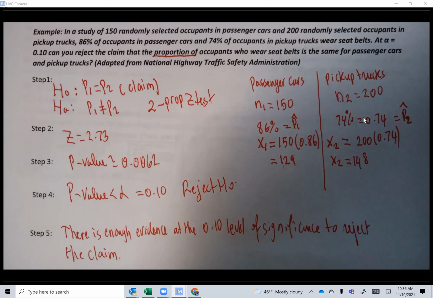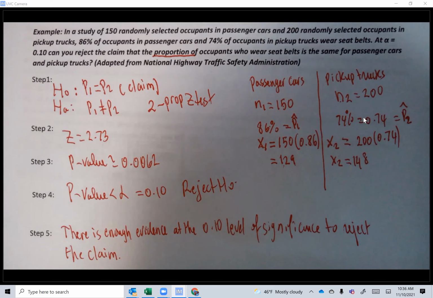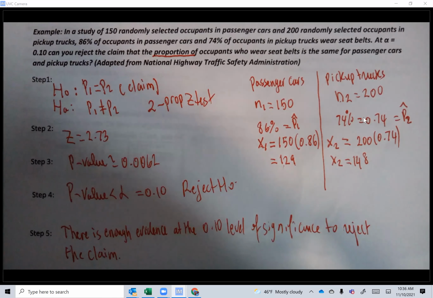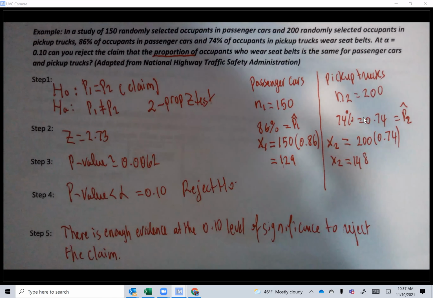They drive a big vehicle, so they feel a greater sense of safety than if someone was driving a small car. So I bet people who drive smaller cars are more inclined to keep the seatbelt on, while drivers of big vehicles, probably not. And that's what we say. We reject the claim that the proportion is the same. It's not the same. I think it's bigger for the ones who drive passenger cars than pickup trucks.